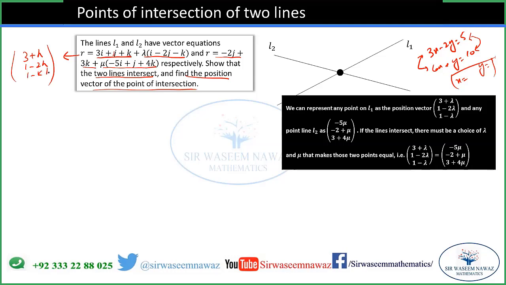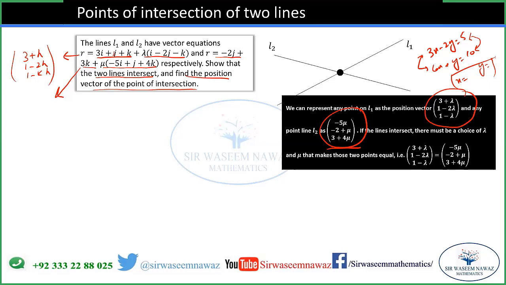So I write it in column vector form. Similarly, I can write the second vector in the same column form: minus 5 mu, minus 2 plus mu, 3 plus 4 mu. So I wrote these two vectors as column vectors.